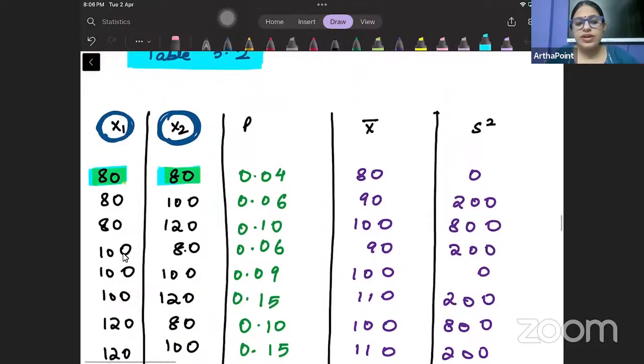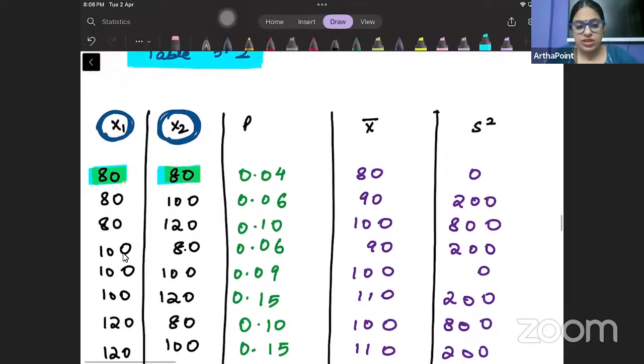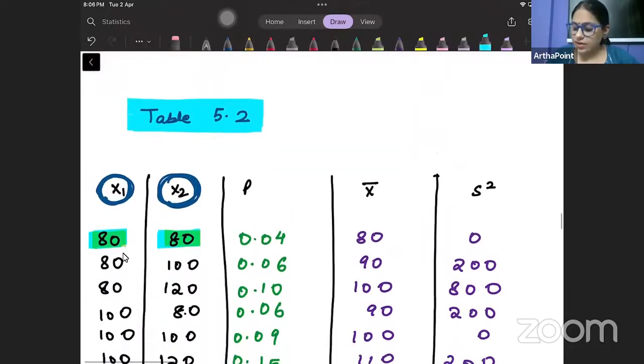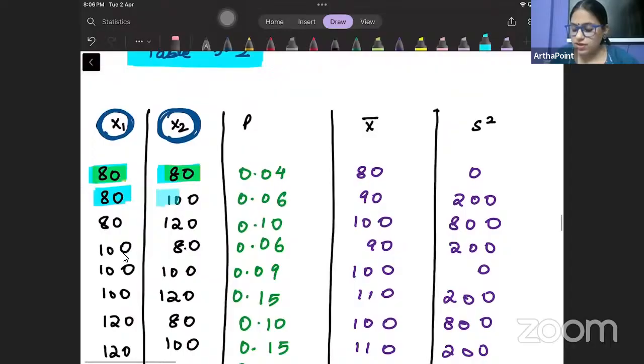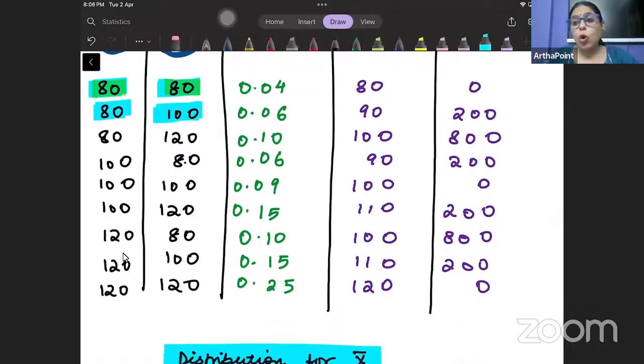Now if I tell you that no, this is not the case, rather I am selling one 2 GB and one 4 GB, then it will be 80, 100. So I have written all possible cases here. Here we have taken all the possible cases: one 2 GB, one 4 GB, 8 GB, then 100, 80, 100, 100, 100, 120, 120, 80, 120, 100, 120, 120.